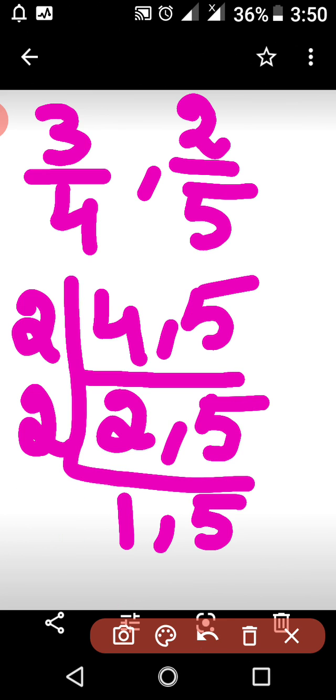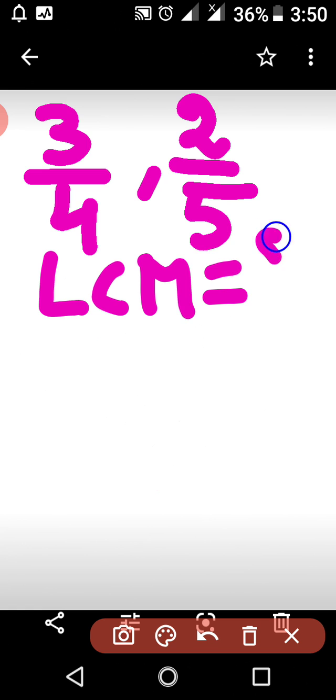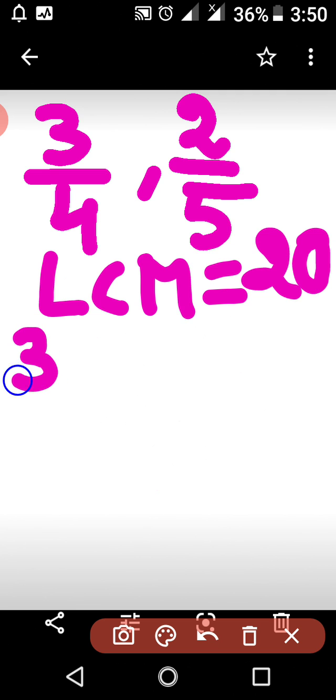Now after getting the LCM, what do we have to do? Take the LCM as 20. This is very important in the conversion of unlike fractions into like fractions. Now take the first fraction 3/4. Check the denominator. Denominator is 4. What is our rule? The denominator must be equal to the LCM.